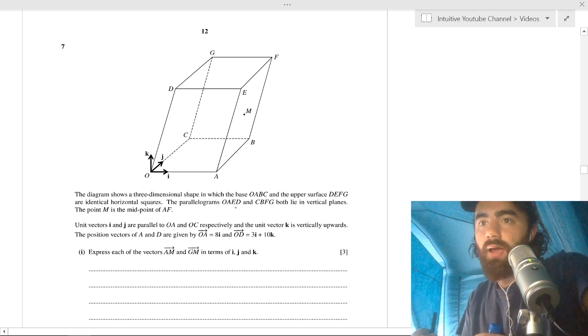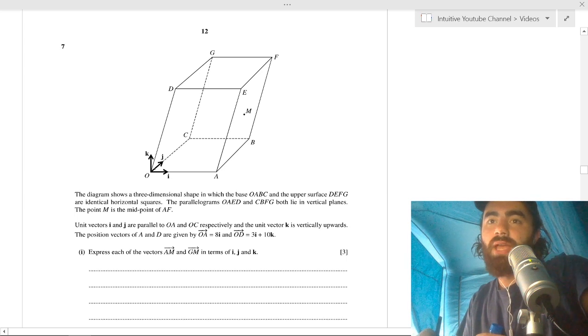And the parallelograms OAED and this back one, CBFG, lie in the vertical planes. So that means that they have no J depth. They lie in this KI plane.